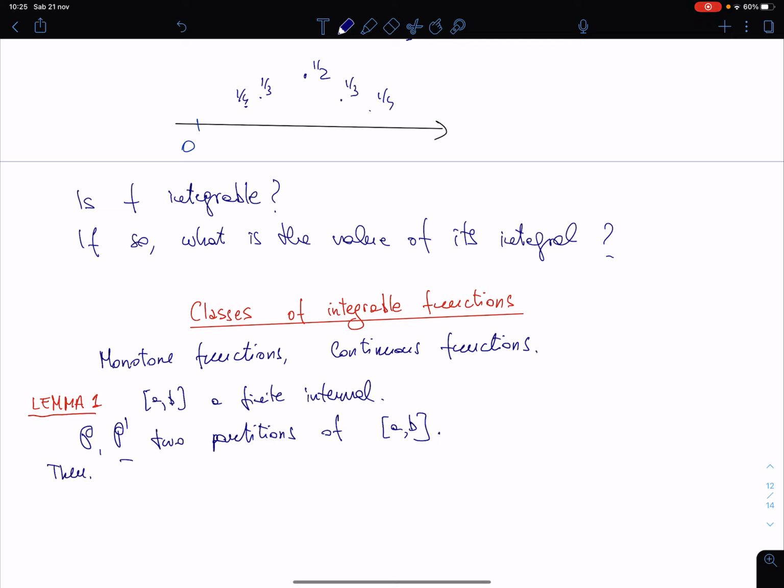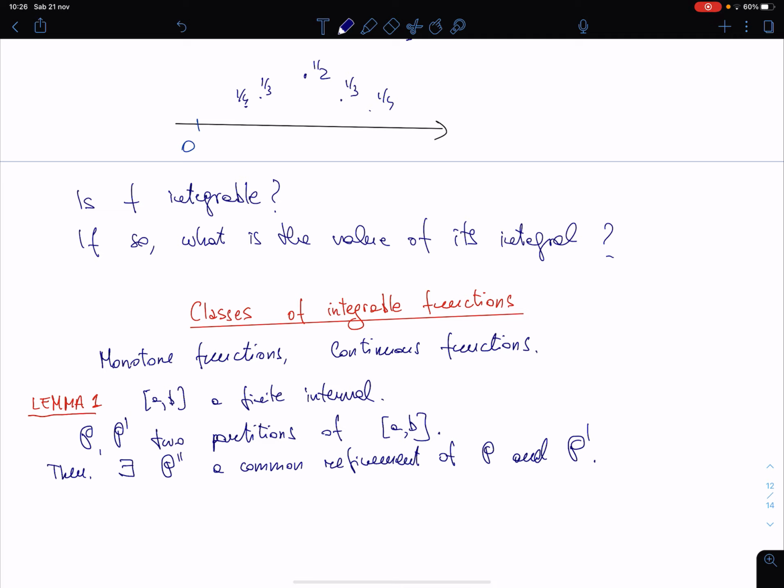Then there exists another partition, P second, which is a common refinement of both P and P prime. Okay?